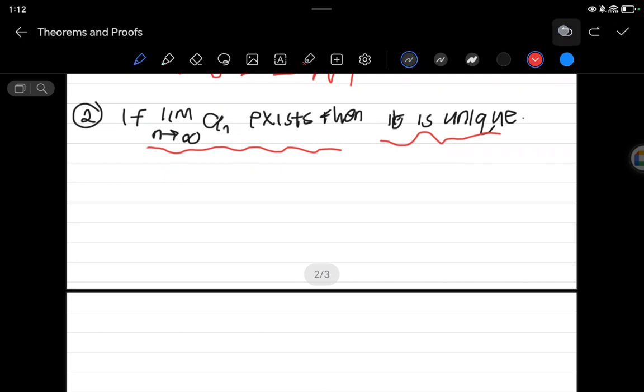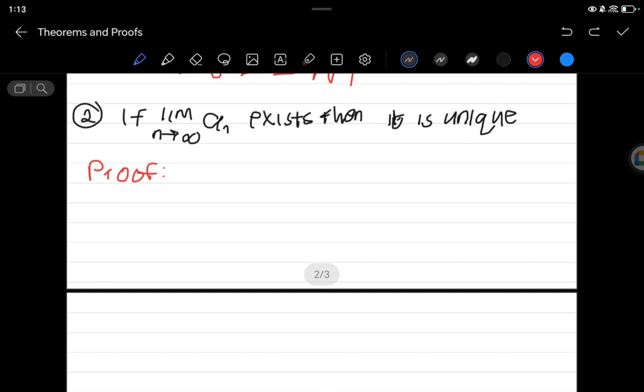We are going to say proof. I'm going to suppose the hypothesis, that the limit of a of n as n approaches infinity exists.